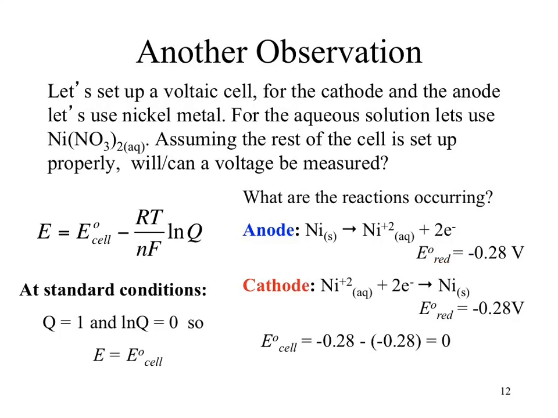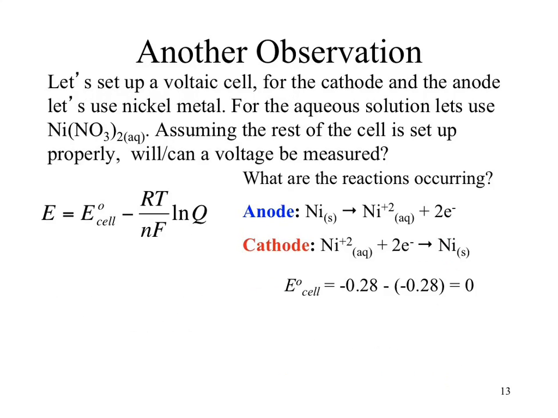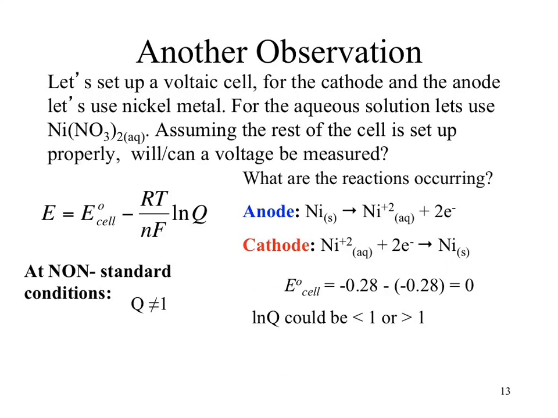So what happens if we switch that up? Okay, let's say it's not 1. Let's go through and change our conditions. Okay, so we're going to have two possible conditions. We're going to have our values where the natural log of Q could be greater than 1 or less than 1. What happens in each of those circumstances?